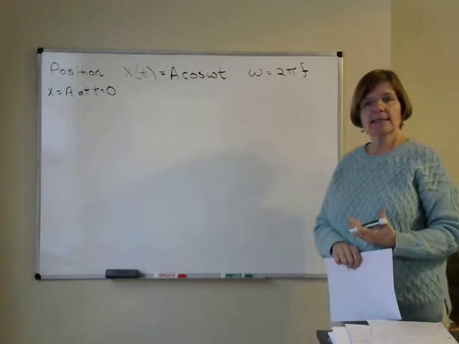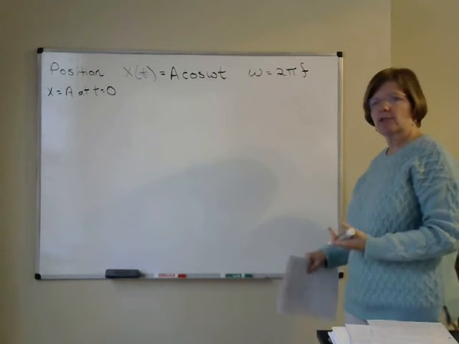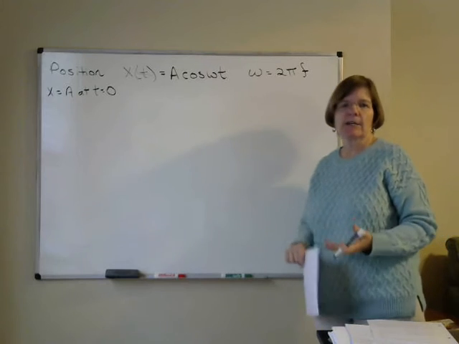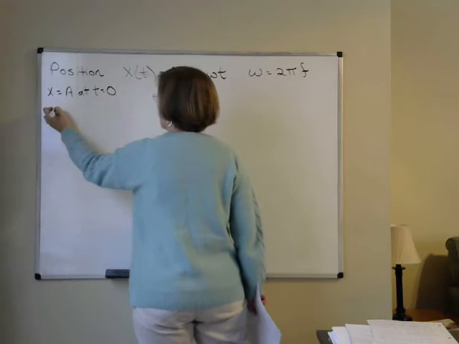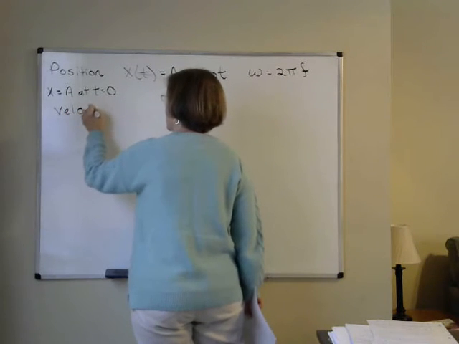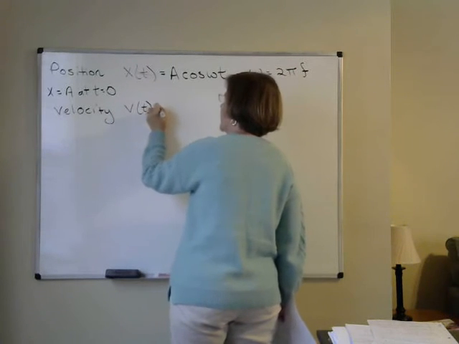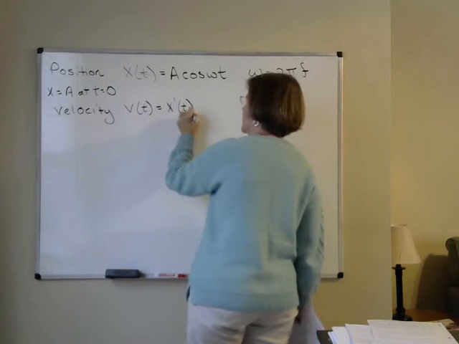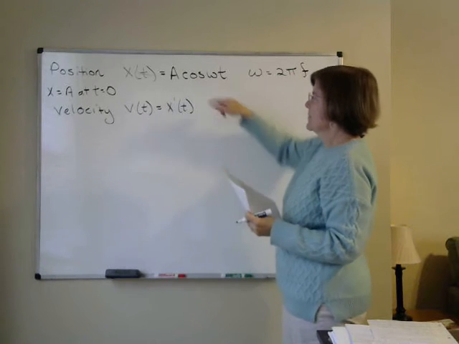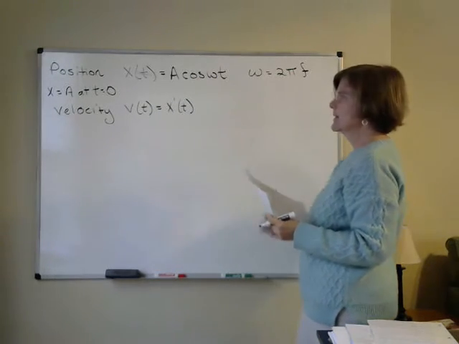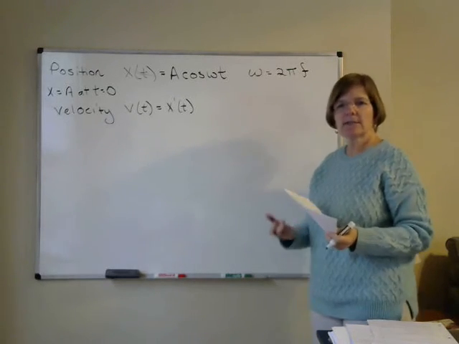In that case, we know that the velocity is the derivative of the position function, if the position is a function of time. So the velocity can be found by taking a derivative. A and omega are both constants, but since we're taking the cosine of omega t, this will require a chain rule. The derivative of cosine is negative sine.